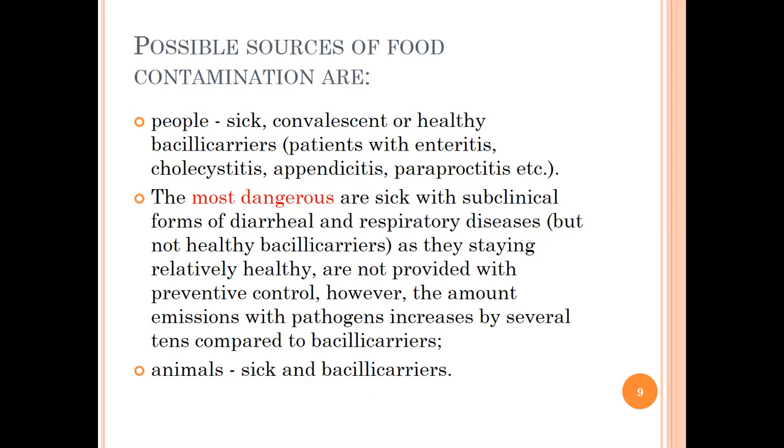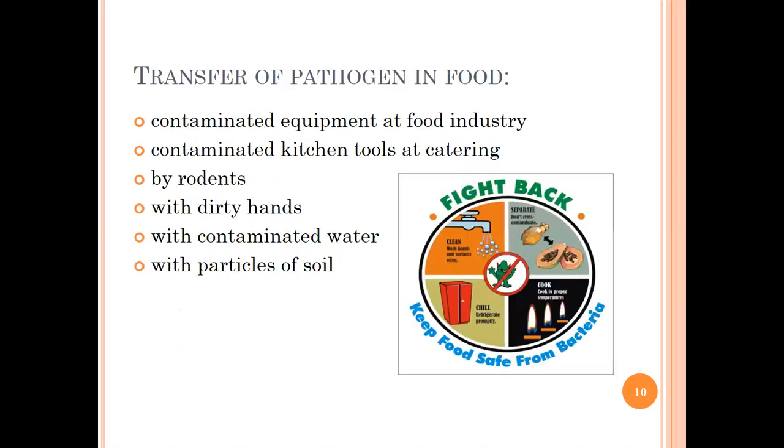In this case, they emit a lot of pathogens. If we compare the number of emitted bacteria, it's several times more than in the case of bacilli carriers. And animals, sick animals or animal bacilli carriers, can also be a source of food contamination.